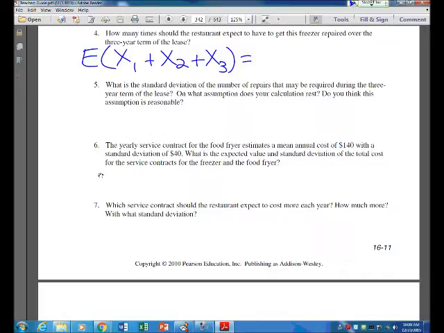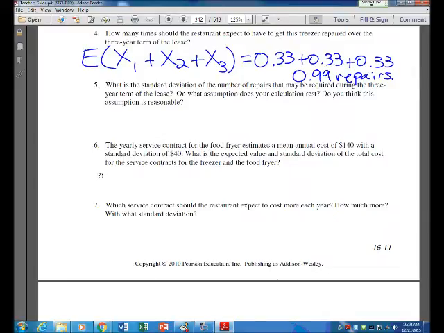If we assume that they're independent, we can just add the expected number of repairs. We're going to talk a little more about that in number 5, about maybe we can't make that assumption, but we're just going to add 0.33 plus 0.33 plus 0.33. Or we could have done 3 times 0.33, because repeated addition is just multiplication. So we get a total of 0.99 repairs, or about 1 repair over the 3-year term of the lease.